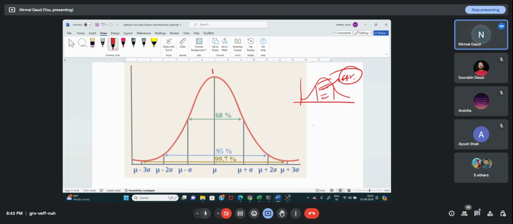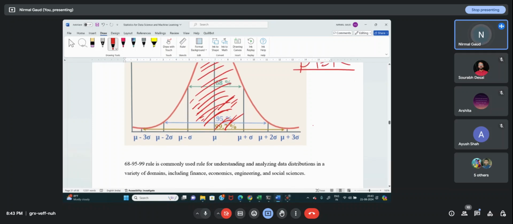This is your mean, and most of the data is concentrated around the mean. That is assumed to be 68% of the data present around the mean. This is mean, and this is mean minus sigma on the left hand side, mean plus sigma on the right hand side. So these are the boundaries. This is 1 sigma.